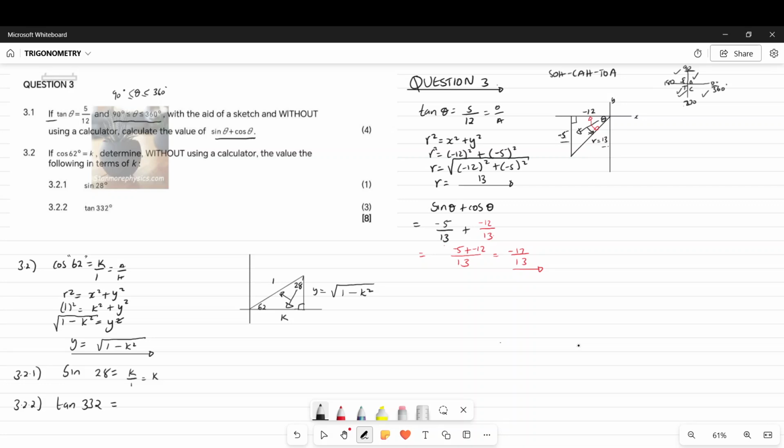So first thing, as you can see, this angle 332, it's greater than 270 and less than 360. So that falls in the fourth quadrant. As you can see, it falls here on the fourth quadrant, right? So now we can reduce that. So first thing you have to do is reduce that.